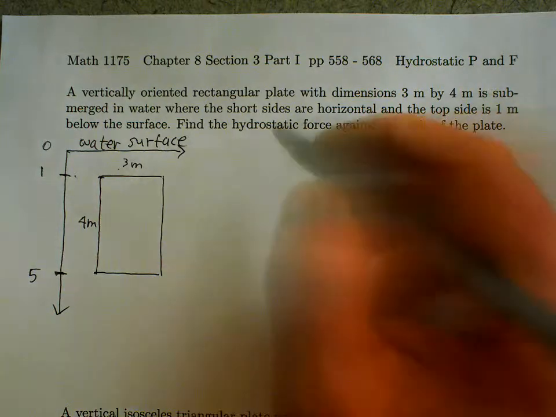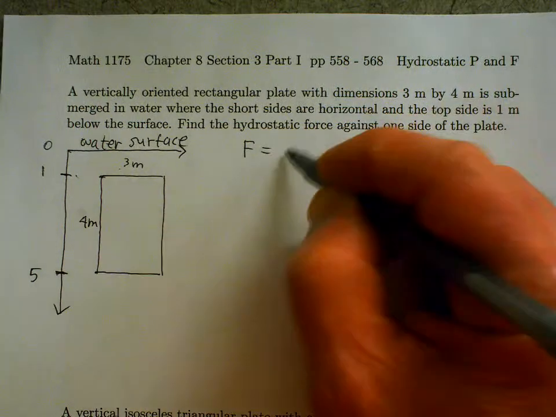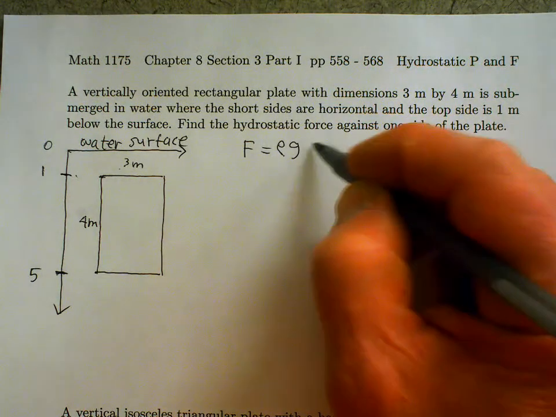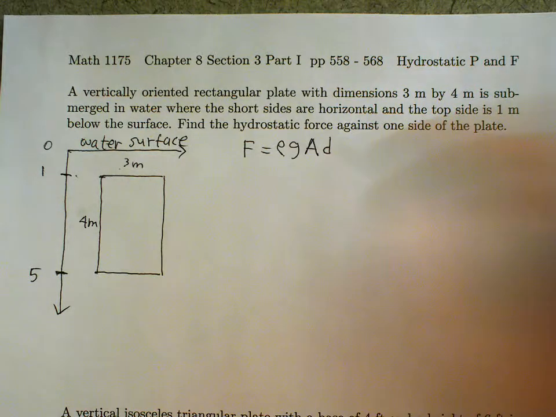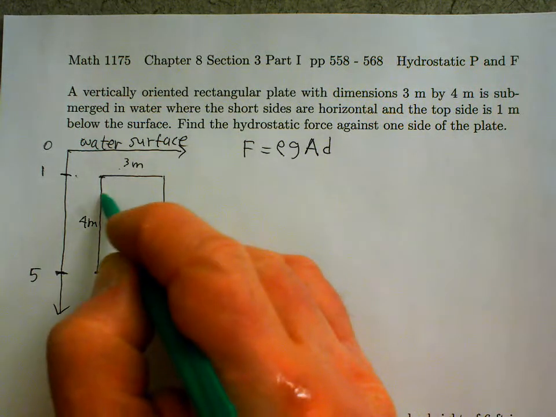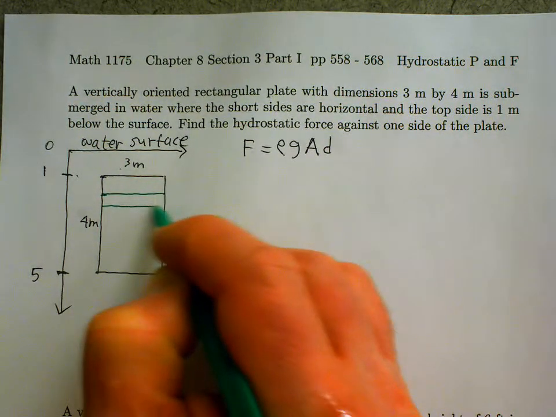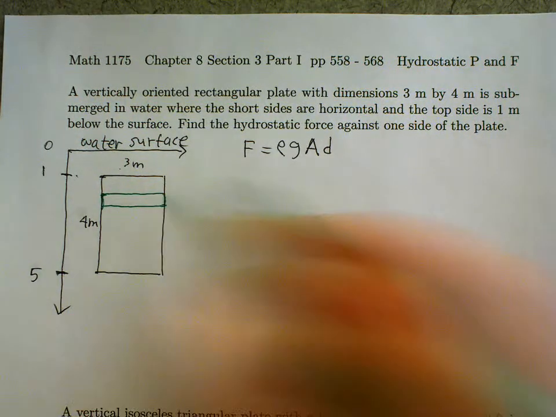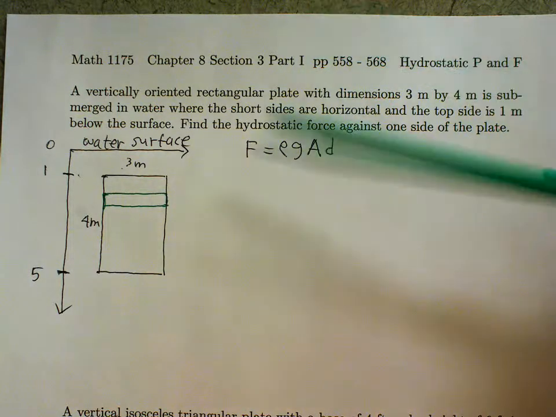Okay, so let's remind ourselves, hydrostatic force is rho times g times the area of a rectangle times the depth. I'll pick out a rectangle as a reference. Just think of what we did on the previous page.